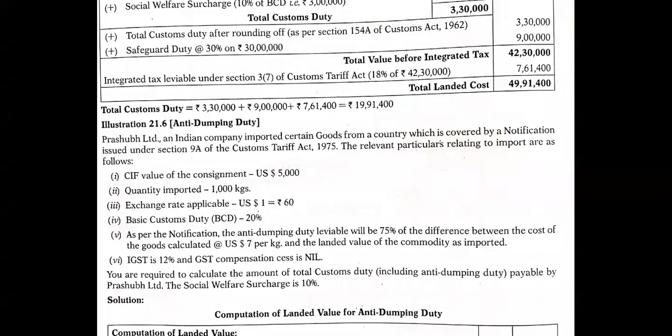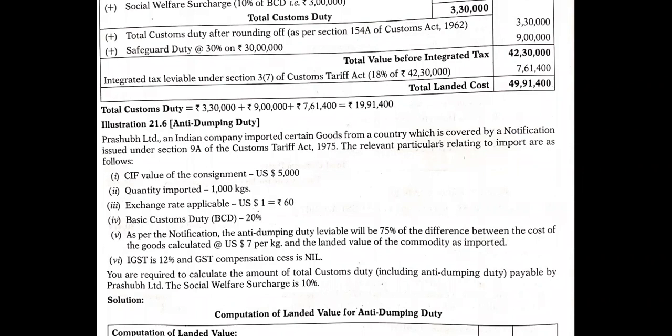As per the notification, the anti-dumping duty leviable will be 75% of the difference between the cost of the goods calculated at 7 US dollar per kg and the landed value of the commodity as imported. The IGST is 12% and GST compensation cess is nil.